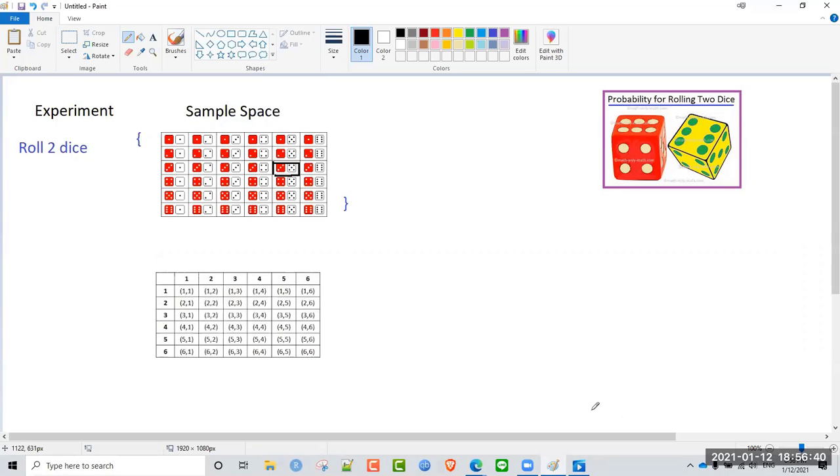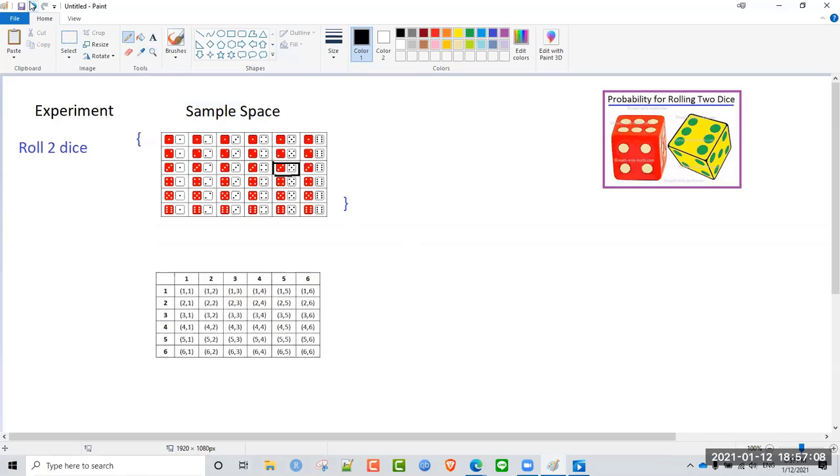Okay, 3 and 5. Yeah. It is an event, but I just asked what does it mean? So it means you got a 3 on the first one or a 3 on the red one, and a 5 on the second one or a 5 on the white one. Okay, good. So that is what that means. So I think it's clear what all of these mean. And this is the entire set of possibilities. There are no other possibilities.